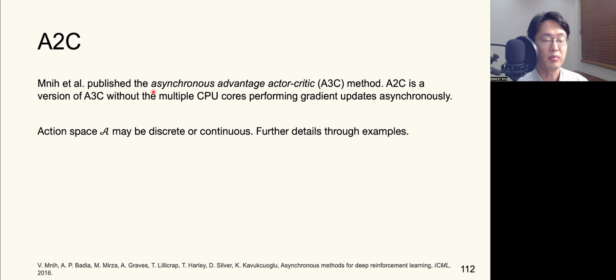Asynchronous means that multiple CPUs, so in this paper published in 2016, A3C was run on multiple CPU cores. GPUs were not used in these experiments, and the multiple CPU cores would do these parameter updates in an asynchronous manner. In any case, for A3C, the action space A can be discrete or continuous, and I'll give you some further details through examples soon.